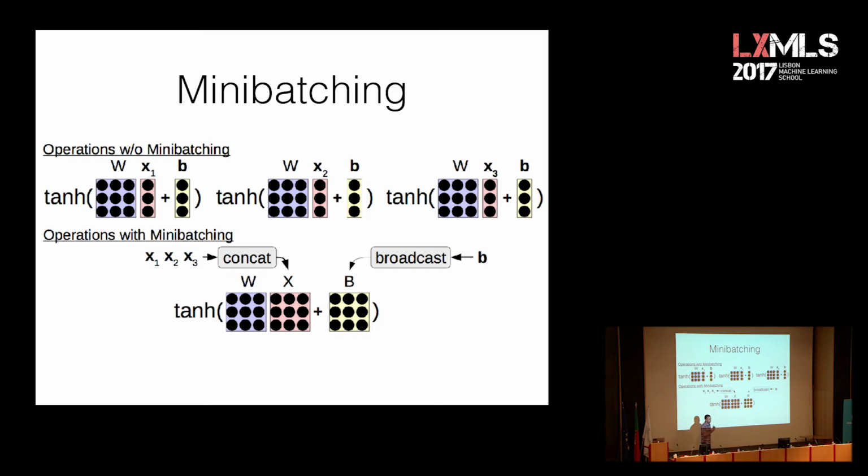We don't actually expand it in memory, but we do something that makes it look like we're expanding it, called broadcasting, where this turns into a matrix where each column is equal to B. If we do this, we can take our 3 independent sets of operations and combine them into one bigger operation.